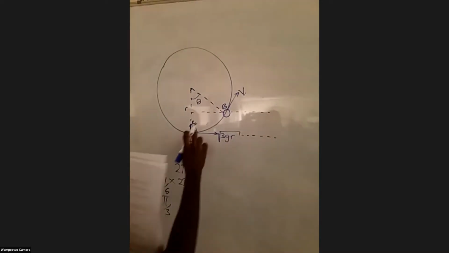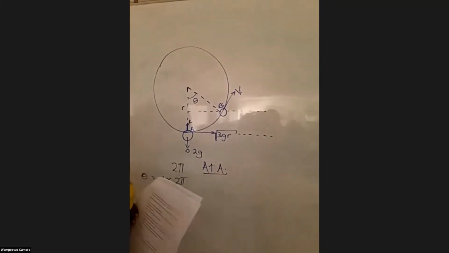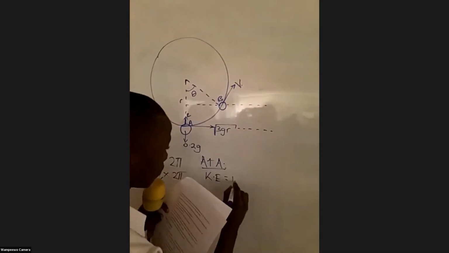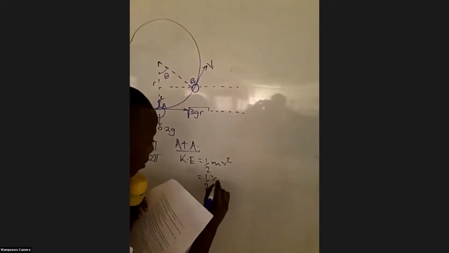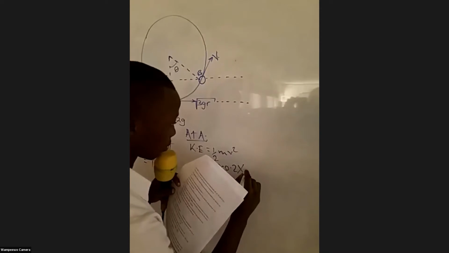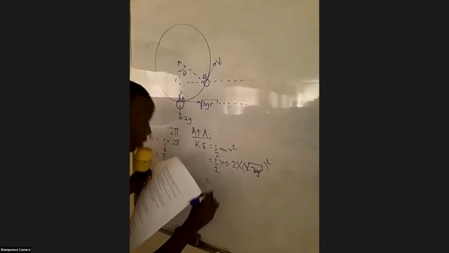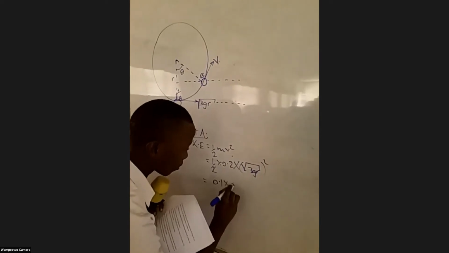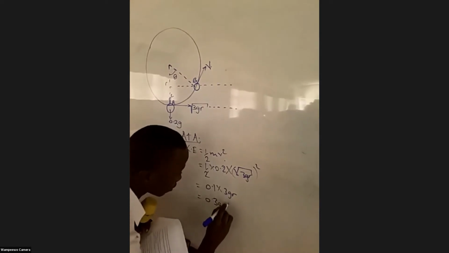So when it is at point A, it only has kinetic energy. Our kinetic energy is given by half mv squared. Its mass is 0.2, its initial velocity squared is root 3gr squared. So I'm going to have 0.1 times 3gr, which is 0.3gr joules.